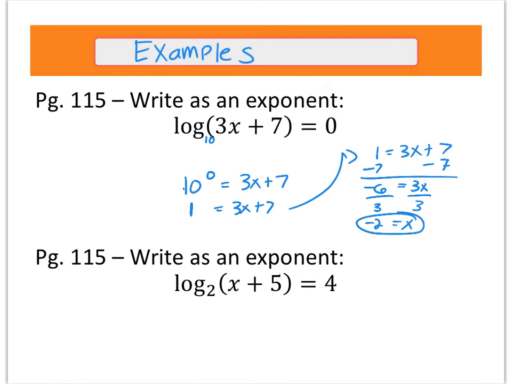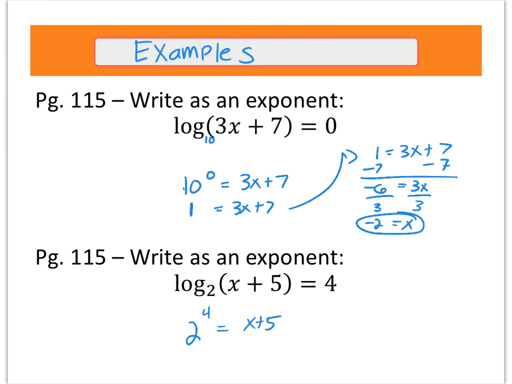And we could go check that by plugging that back into the equation, but I'm not going to have you do that for now. We're going to write it as an exponent, really just practicing. So if you want to pause the video and try these before I do them, probably a good idea. But 2 to the power of 4 equals x plus 5.